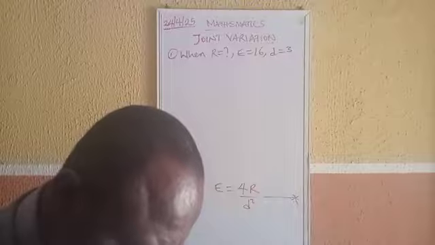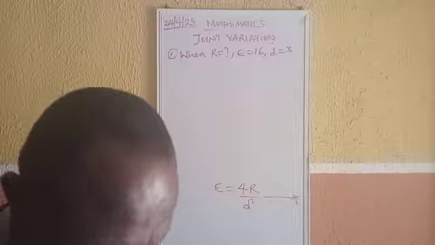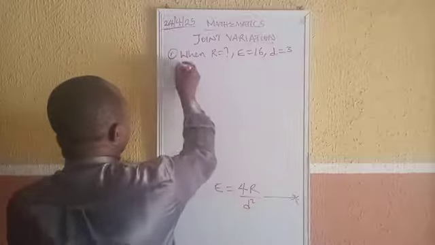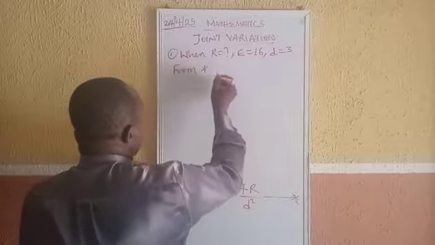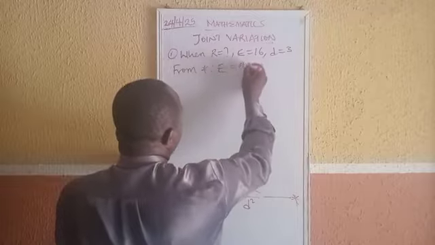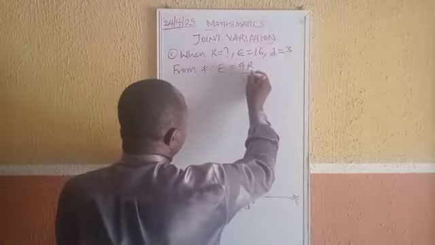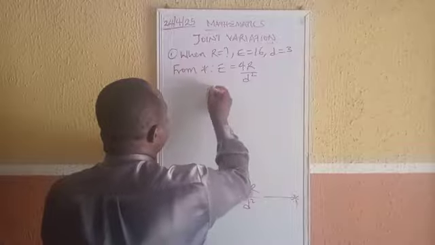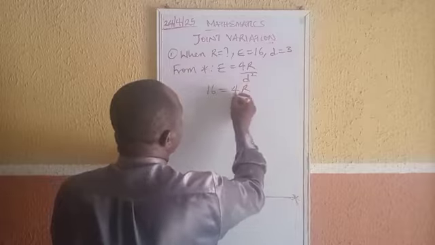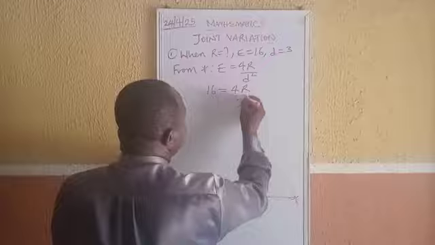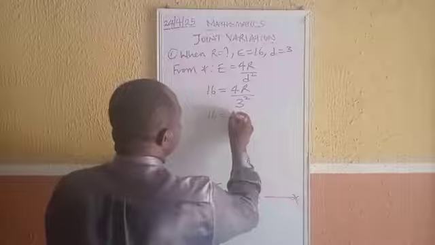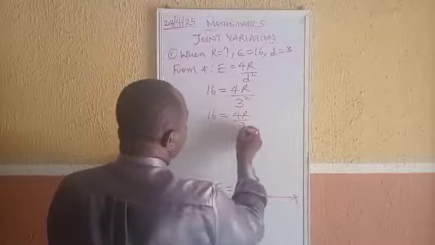From this relationship, we have E equals 4r over d squared. Our E is 16 equals 4r over d, which is 3. That's d squared. That gives us 16 equals 4r over 9.